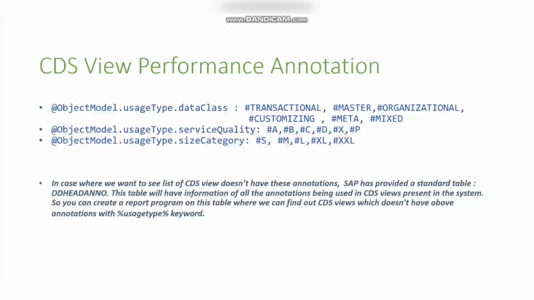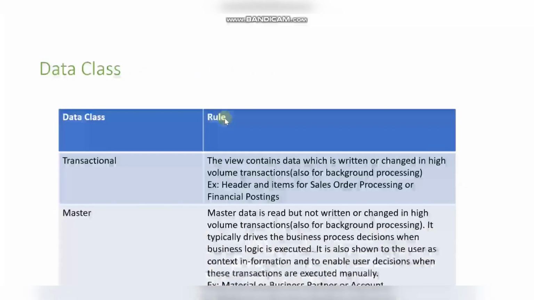This is the usage of these annotations, and let us go to the next slide and understand the values available and the purpose of those values. Data class is the first annotation, and we have transactional and master values available for it.